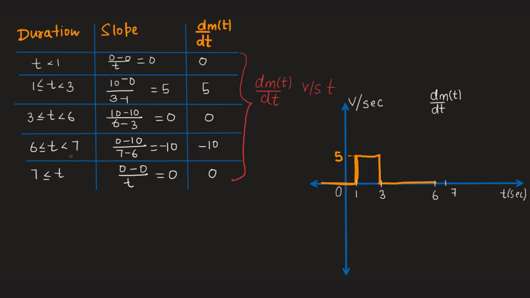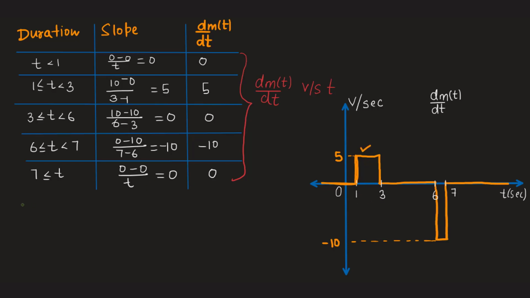Between t 6 to 7, derivative has a value of minus 10. And for t greater than 7, derivative takes a value of 0. As can be seen, the maximum value of the derivative is 5, which it takes between t 1 to 3.